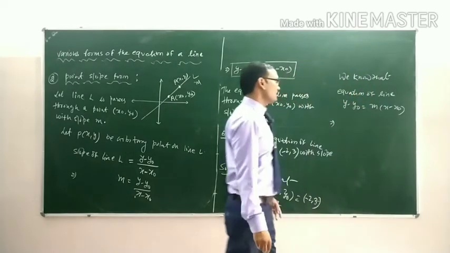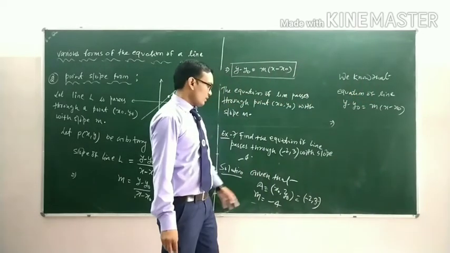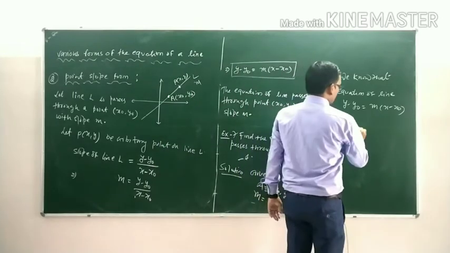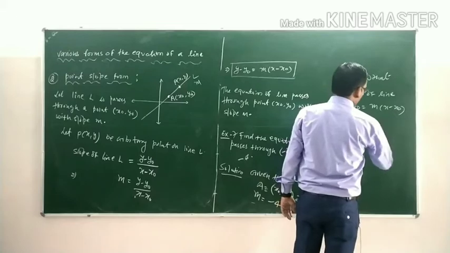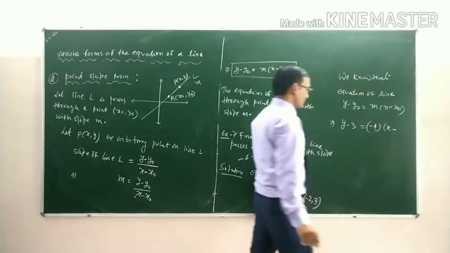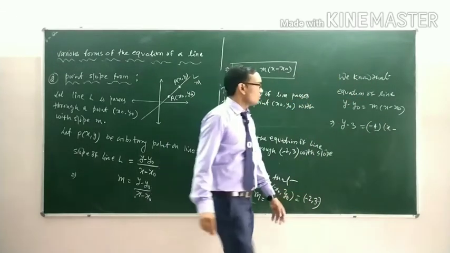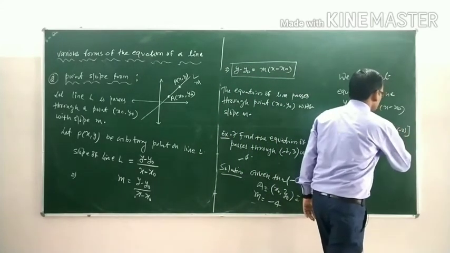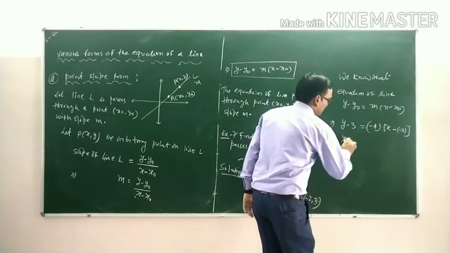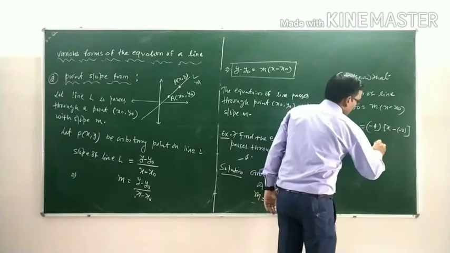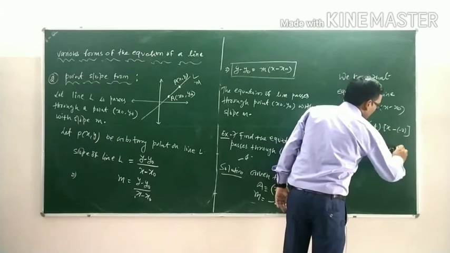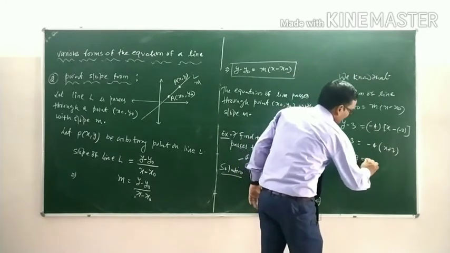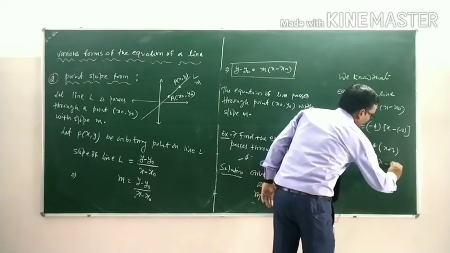What is the value of y0? y0 is 3, so y minus 3 equals m, which is minus 4, into x minus x0, which is minus 2. Okay students, this implies that y minus 3 equal to minus 4 into x plus 2. This implies that y minus 3 is equal to minus 4x minus 8.